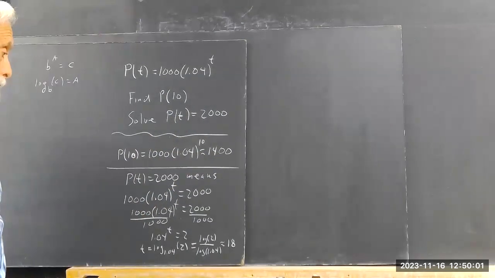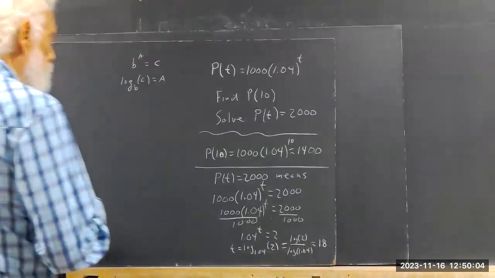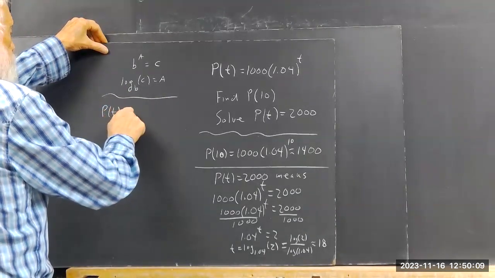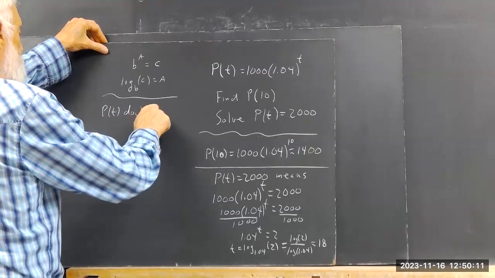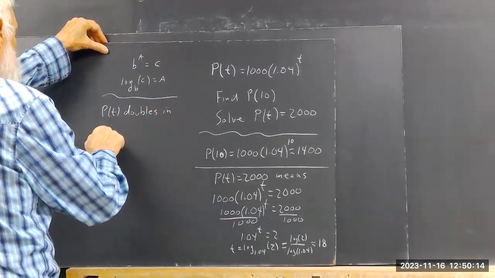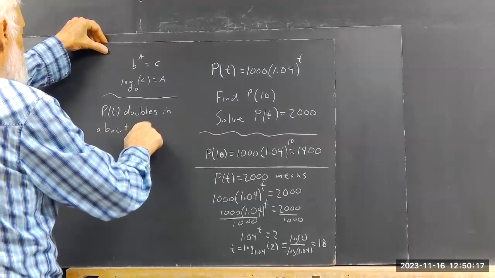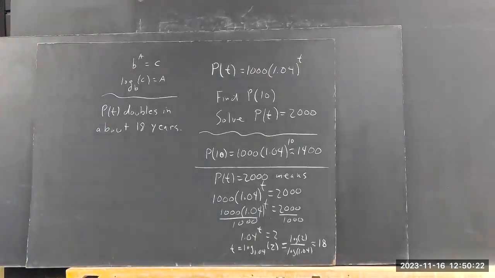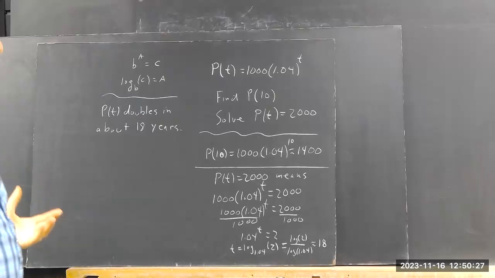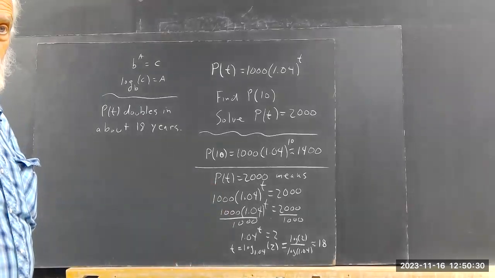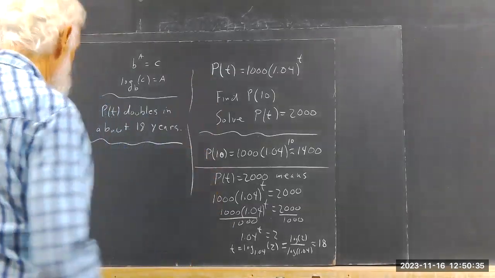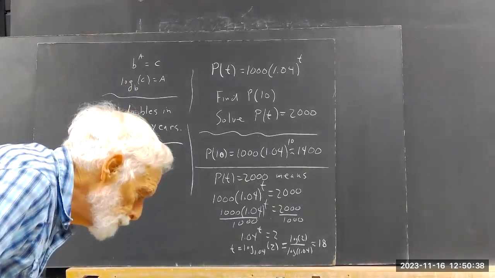So it doubles in about 18 years. And that works no matter when you start. There's an equation we could solve for that. Hopefully we'll be able to do that, but that's what we get.